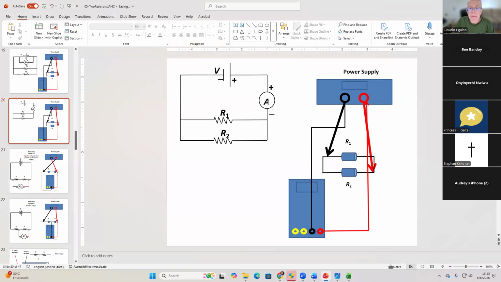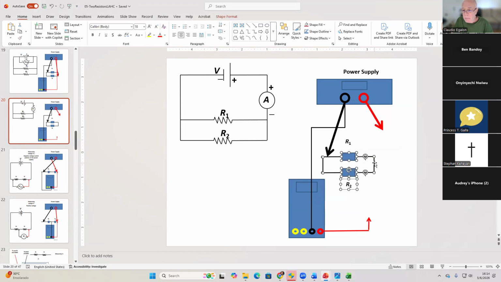That's the total current, the total current that comes out from the battery. And it looks like the following. Here you go, it's going to be connected.